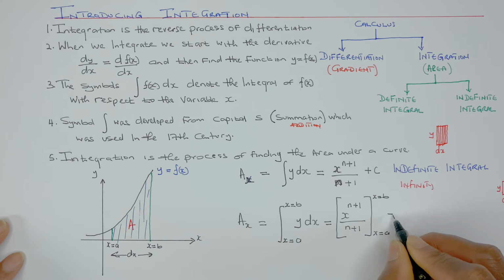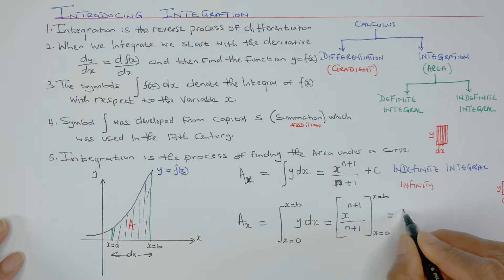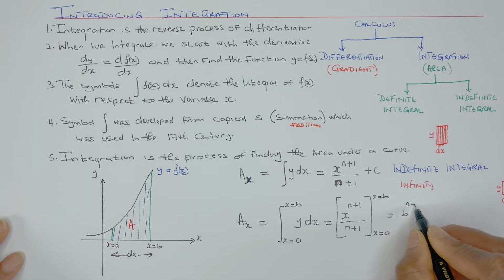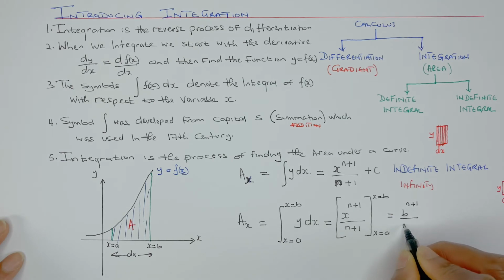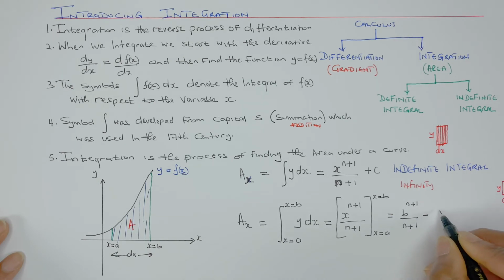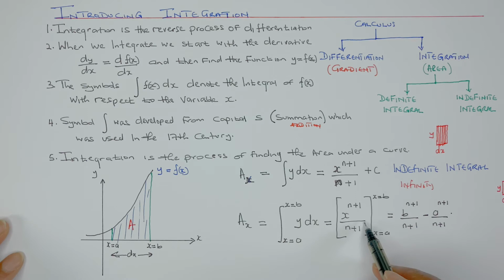It just means you substitute b for x here, so you get b to the power n plus 1 over n plus 1 minus a to the power n plus 1 over n plus 1, equal to the area. But c, in this case, cancels out, because if you have plus c here and minus c here, plus c and minus c will be 0. So c will cancel out.